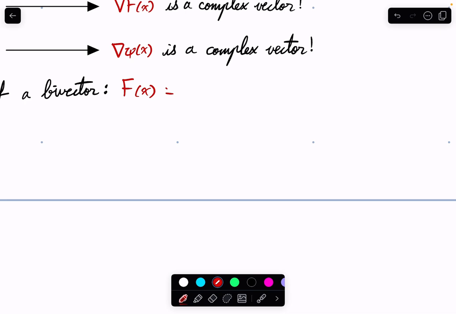So f of x is equal to e to phi, which depends upon x, and then say that there's some global phase, and then little f of x. So this is called local phase because the phase here changes at every point on the spacetime manifold. And this is called a global phase because it is constant throughout the entire manifold. So a global phase and a local phase. And then, of course, you have the canonical form of the bivector itself.